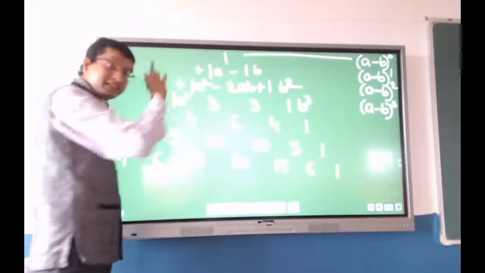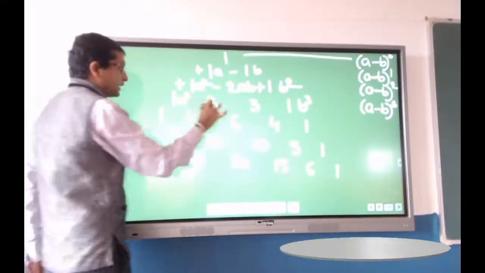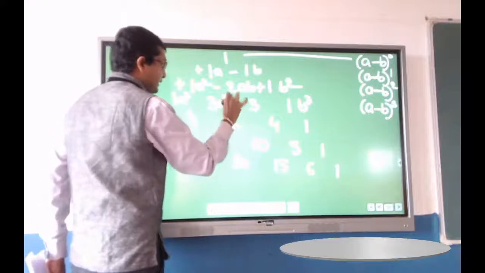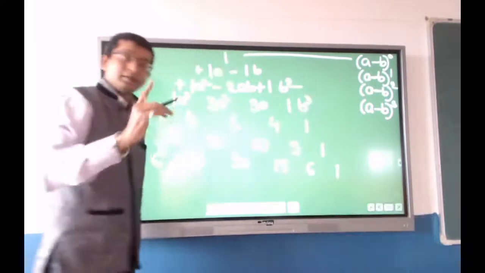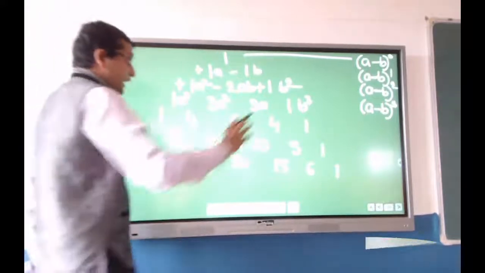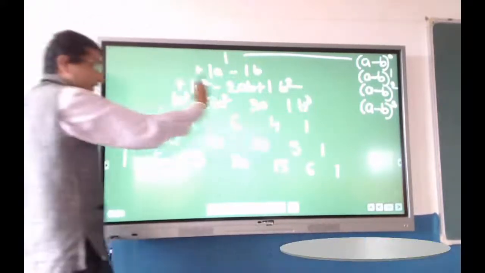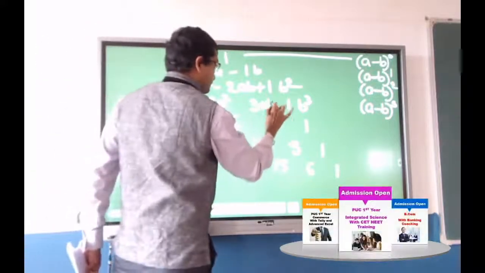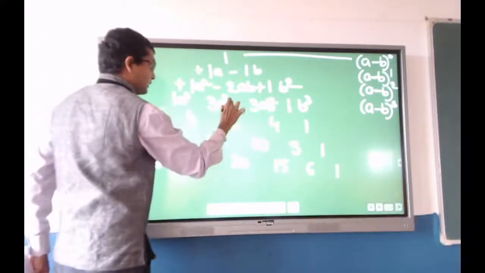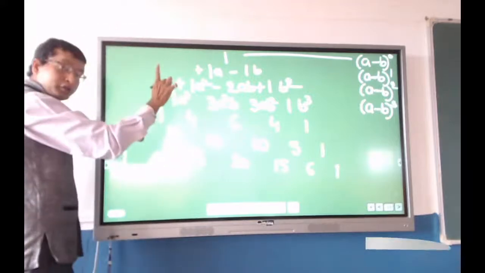Go on decreasing: a cube becomes a square, next a, then a raised to 0, that is a 1, no need to write. And b raised to 3, decrease it from right to left, so we get b square, next b raised to 0 as a 1.